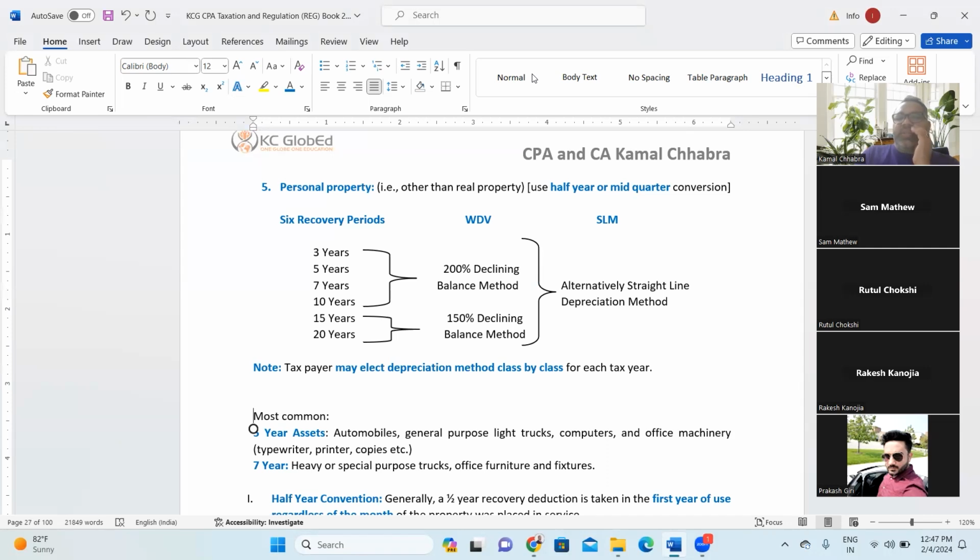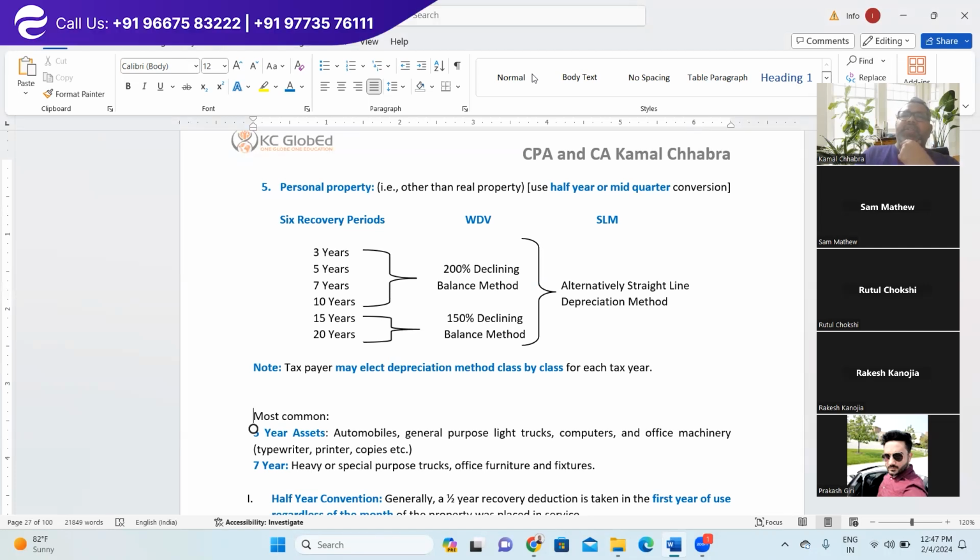If we are using the straight line method, which is the alternative depreciation method, then we will not be using it. On the other hand, for assets of 15 years, 20 years, or more, we can use the 150% declining balance method. But when we are using the alternative method, then it will be just the straight line method of depreciation.